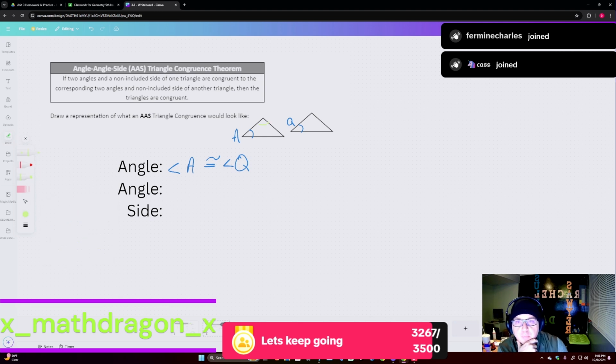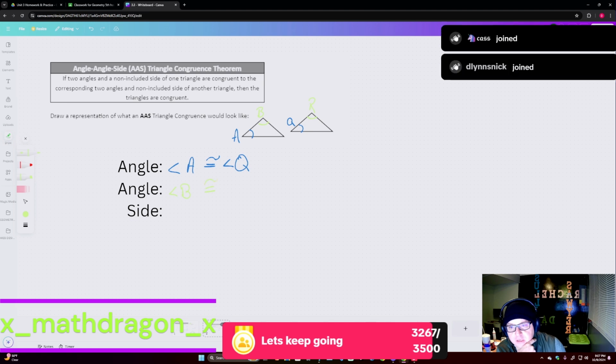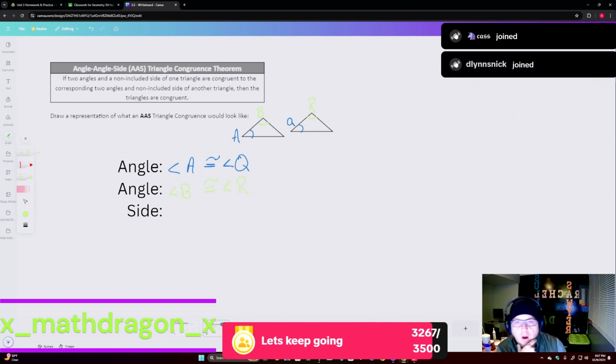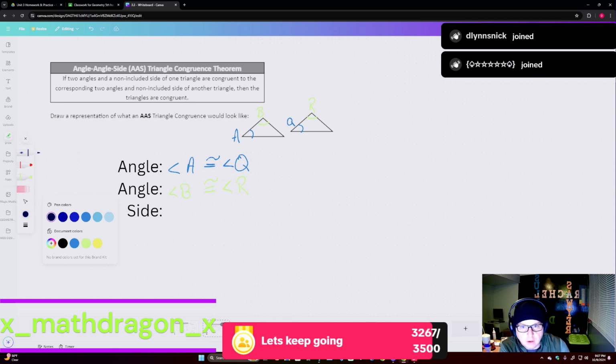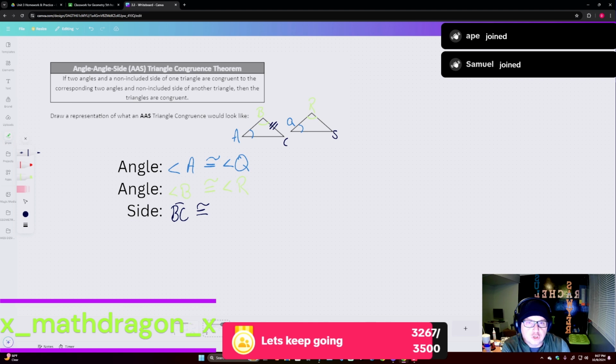We'll pull this top one and call it B. And then since we're doing Q, let's do R. So angle B is congruent to angle R. And then the last thing that we need to do is take a side. Since we're doing AB, we'll go to C, Q, R, S. So then that means that BC must be congruent to RS.